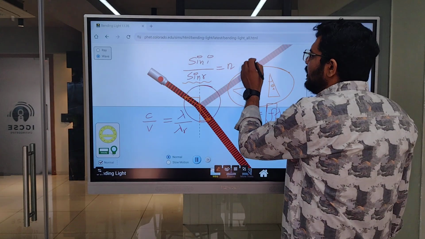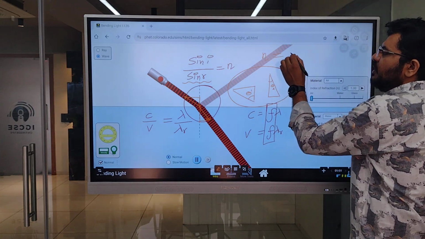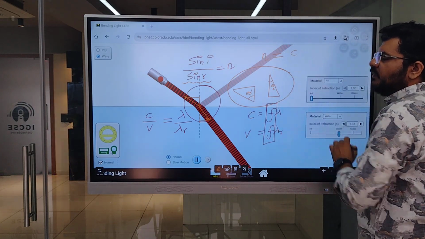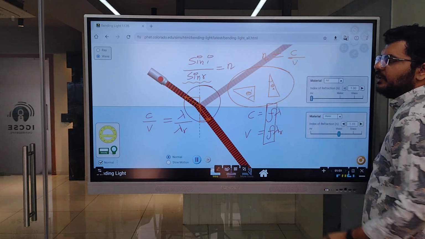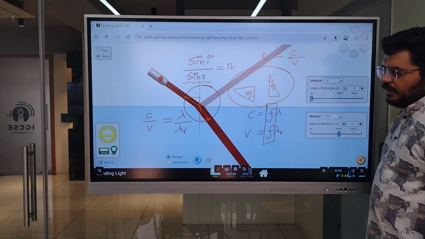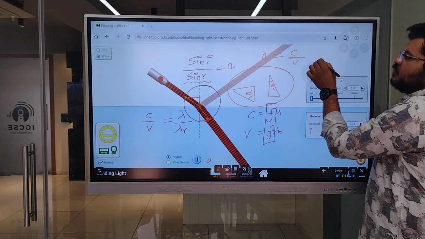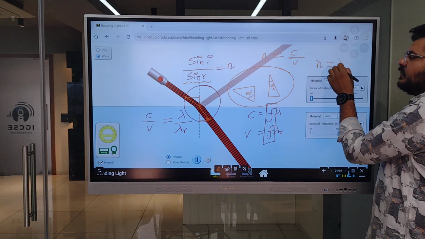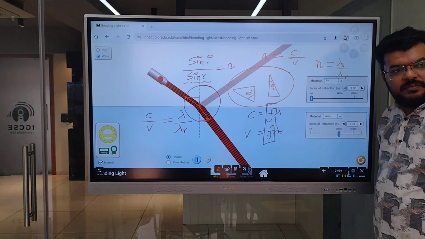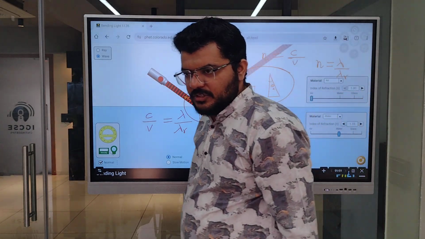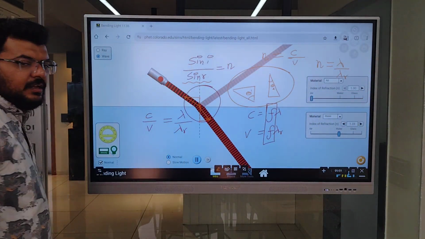So the refractive index is also equal to the speed of light in air divided by the speed of light in that particular medium. And if that equation is true, refractive index is also equal to the wavelength of light and the wavelength of that wave after refraction.